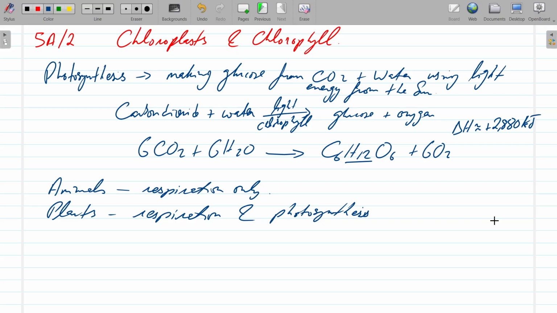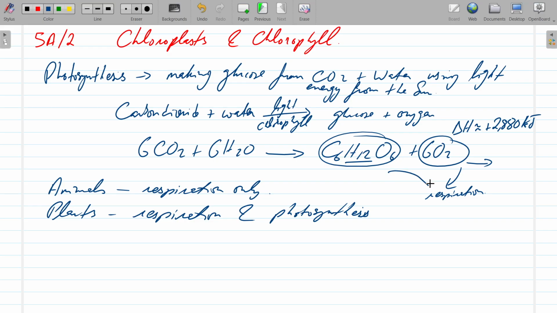Also, realize that both of these are happening in plants at the same time. The oxygen and the glucose that are produced as a result of photosynthesis, some of it is released, but some of it is utilized within the plant for respiration.